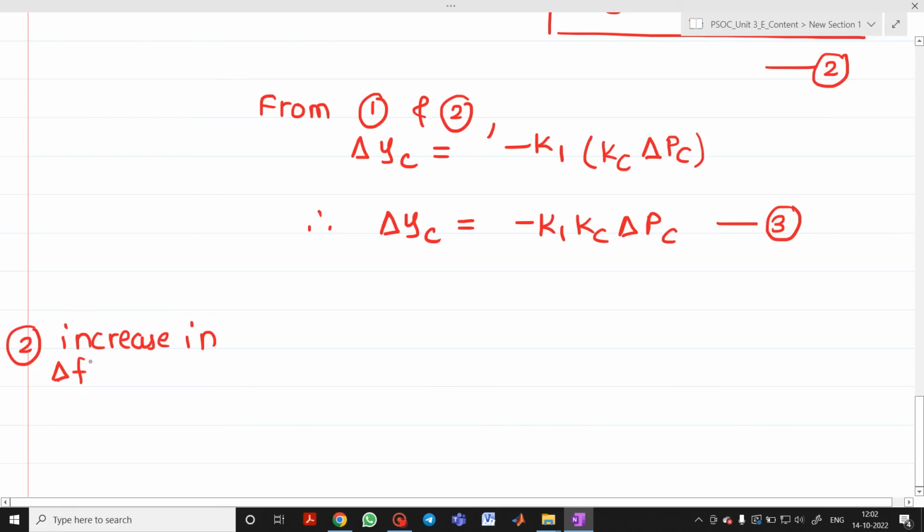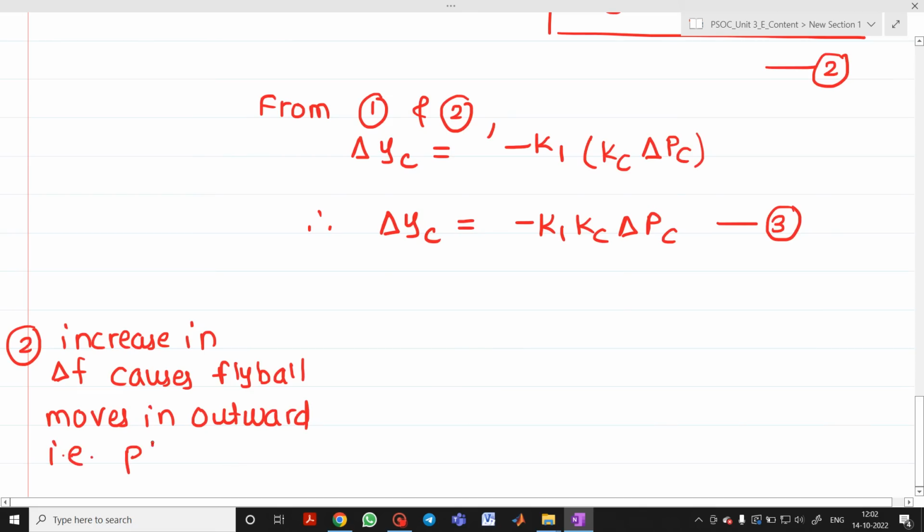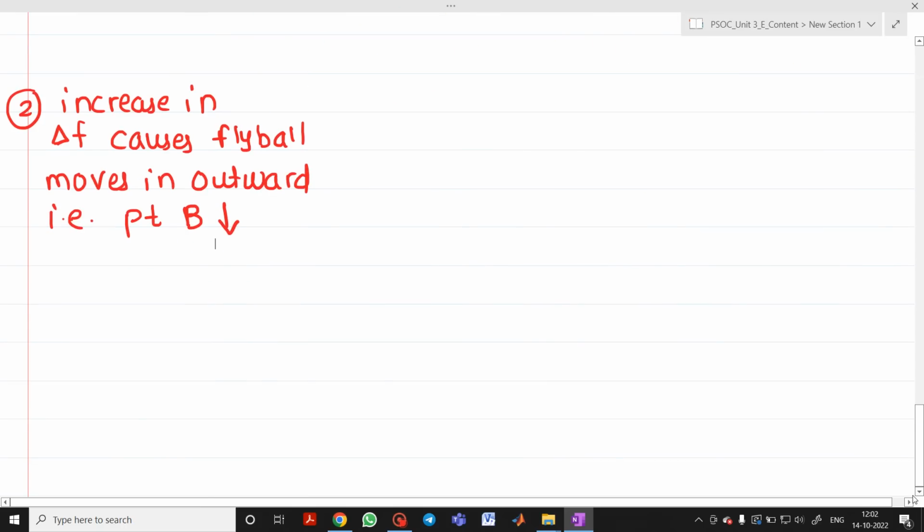So an increase in the frequency causes the fly ball to move in outward direction. That is, can I say that point B will move in the downward direction.